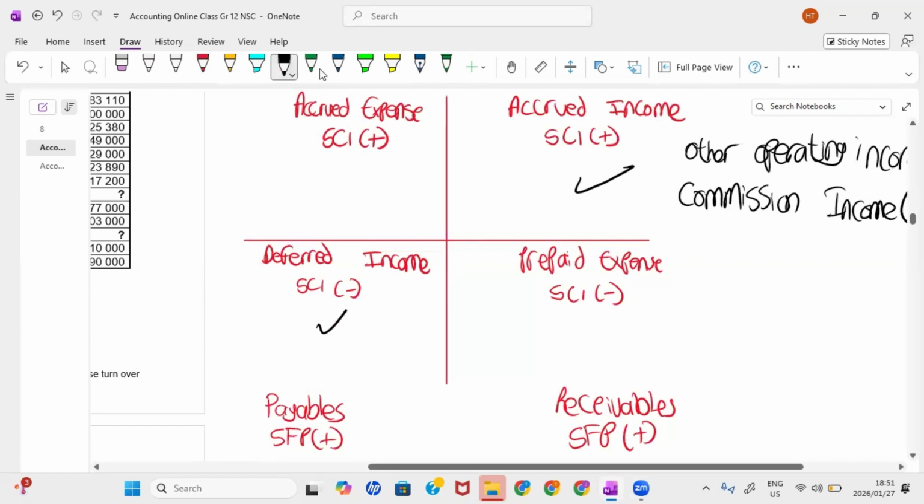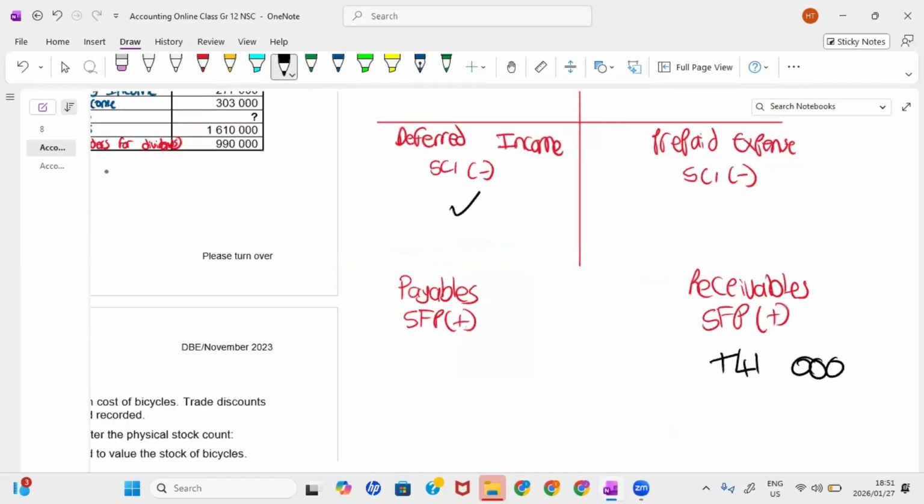Whatever the amount would be for deferred income, we know that in the statement of comprehensive income, we have to subtract it. So it would look something like this. Obviously, we are dealing with fee income, so it will go to other operating income, and then you have your item for fee income.